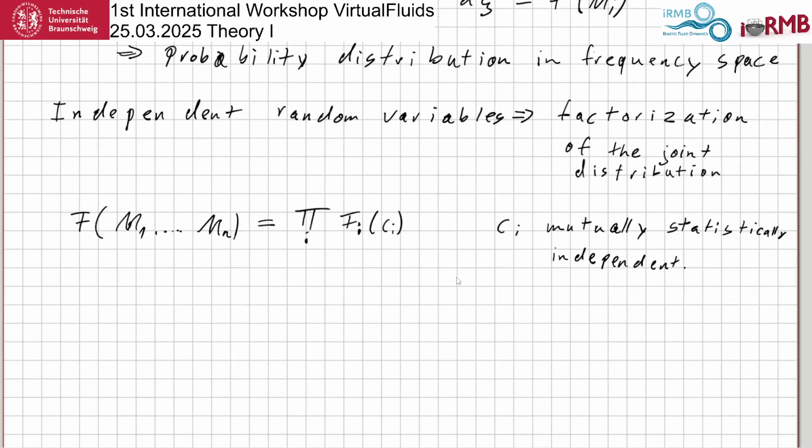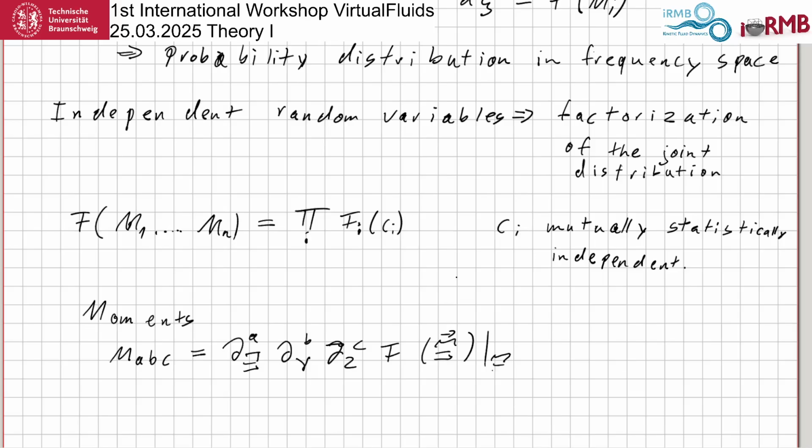So moments don't do the job. Moments M_abc, as we have seen, are these: we take the derivatives of the moment generating function, which is this Laplace transform F, and we evaluate this at the frequency 0. So what is this?